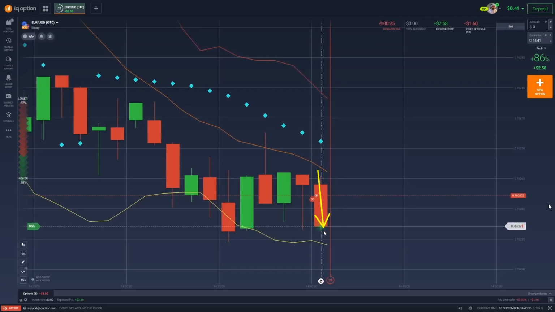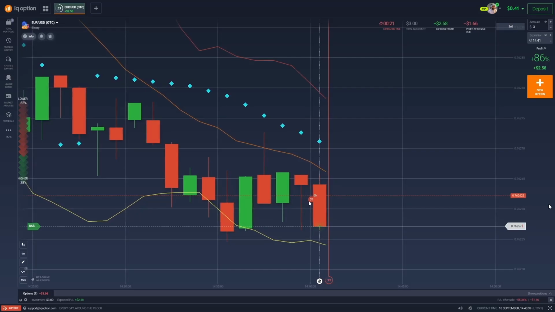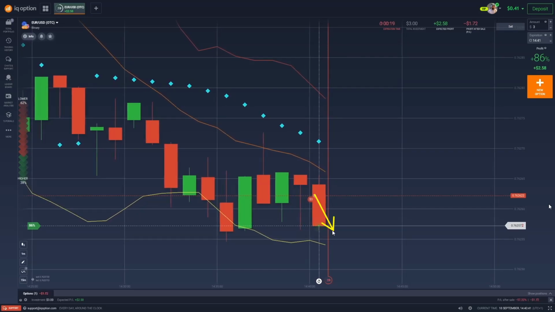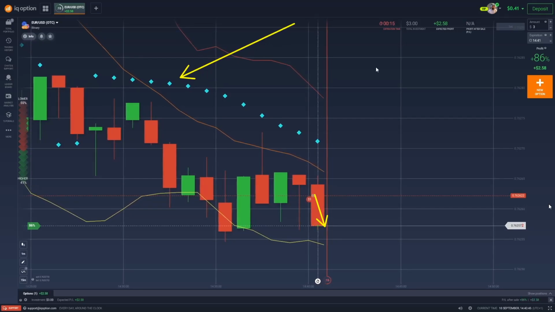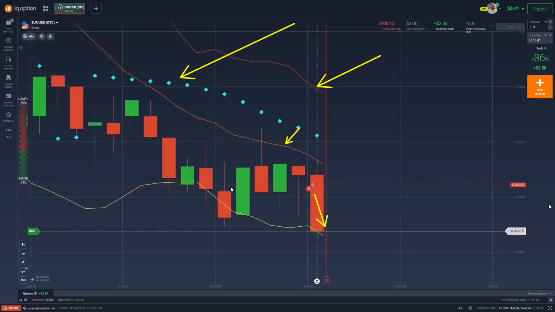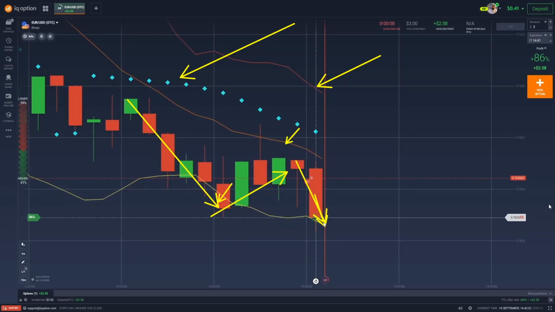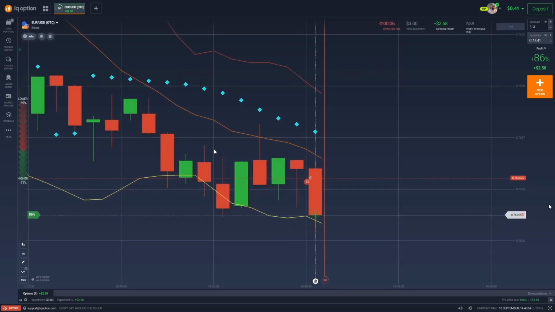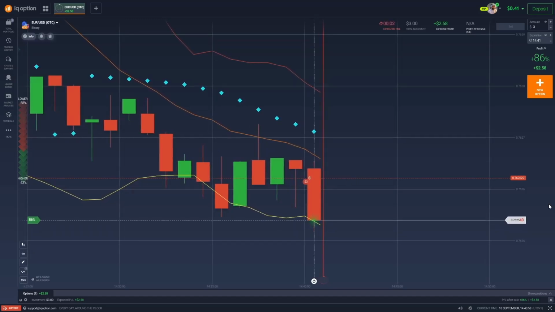This is going down. I predict, this is not magical, guys. I predict the movement of the market based on some strategies. I use some indicators and some movements of the market, and all this gives me the color of the next candle.